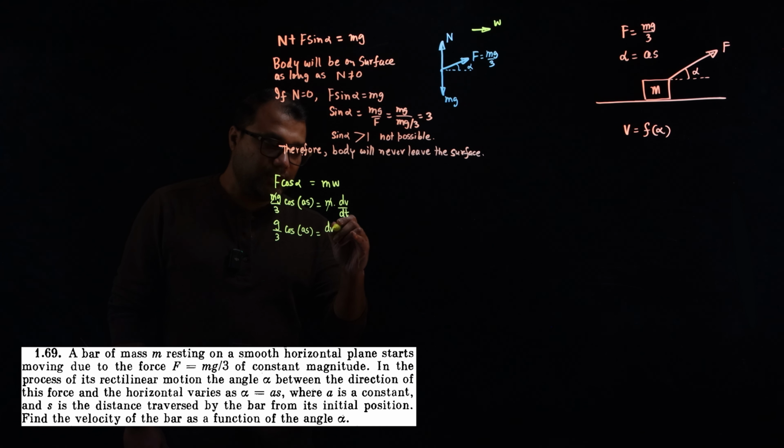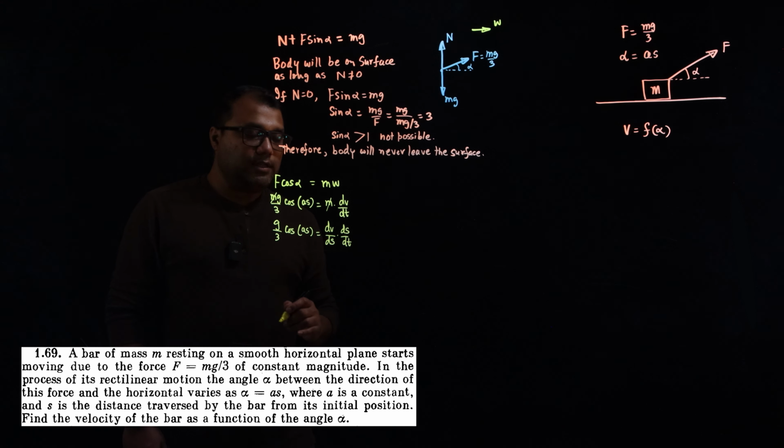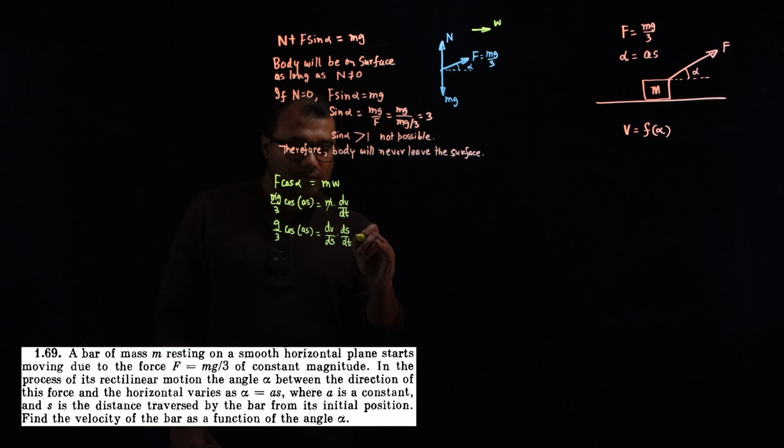We can further write dv by dt as dv by ds times ds by dt. Now ds by dt is v, so this is v dv by ds.